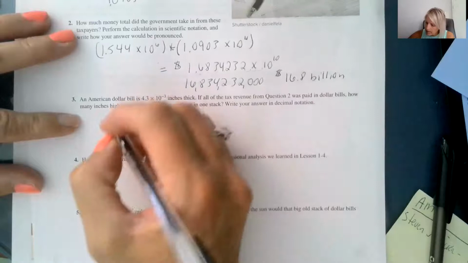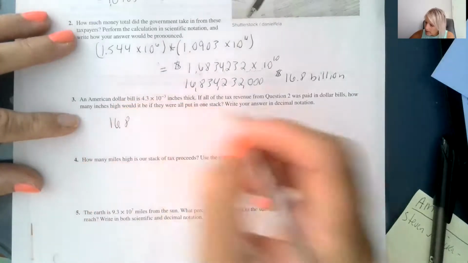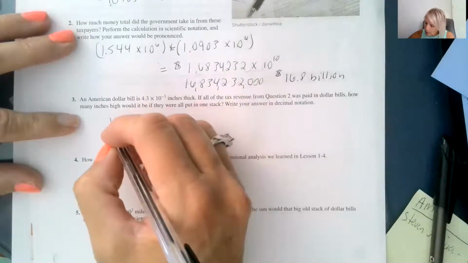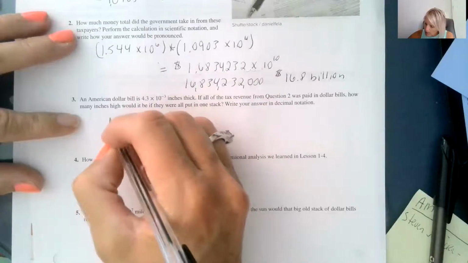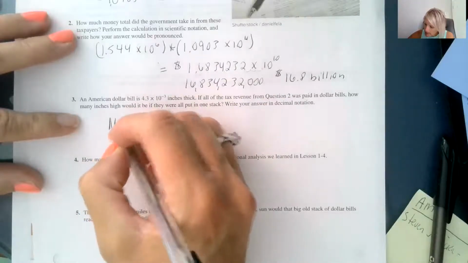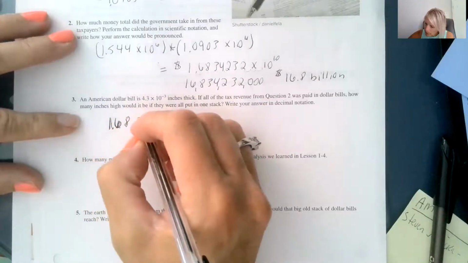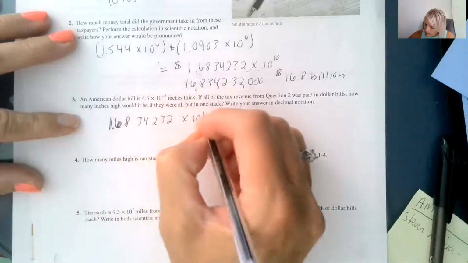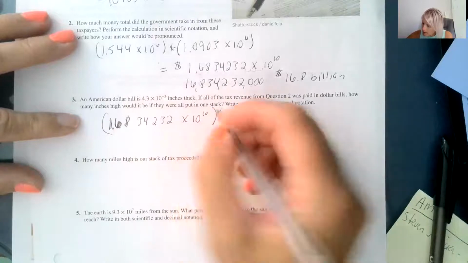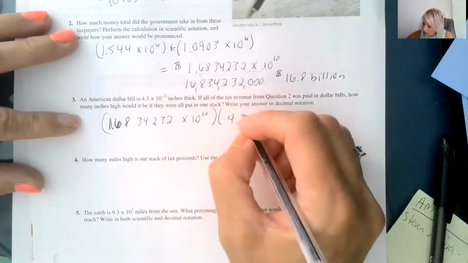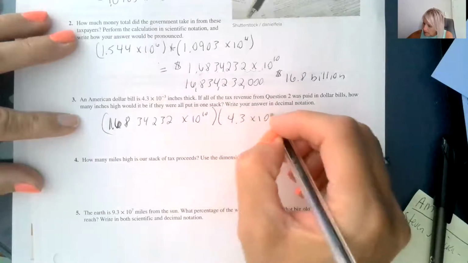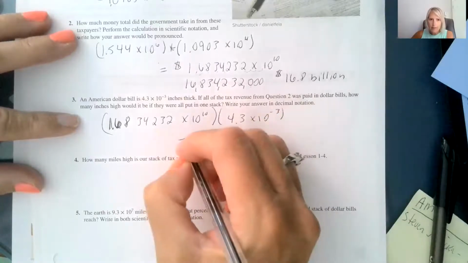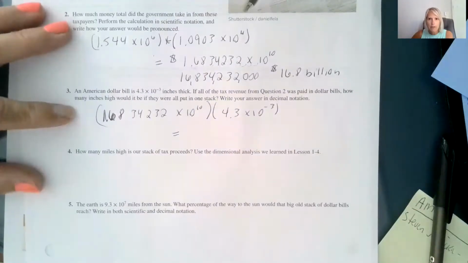So 16.8. So we're going to do 1.68342232 times 10 to the 10 times the thickness, 4.3 times 10 to the negative 3. This is how thick it would be.